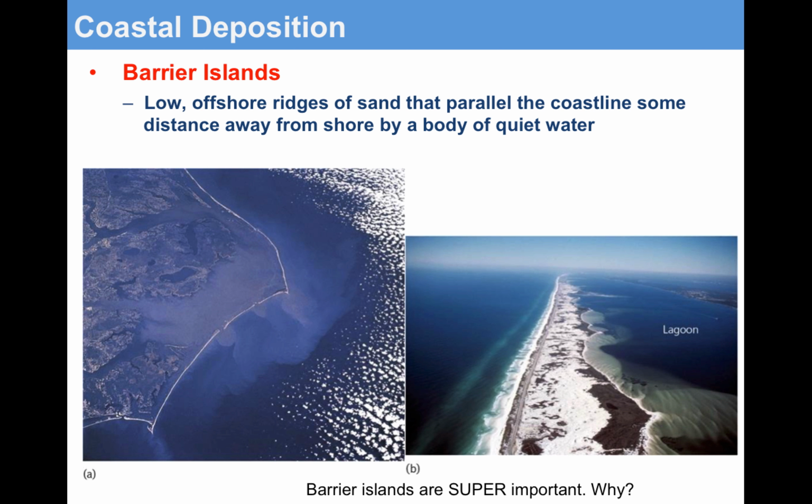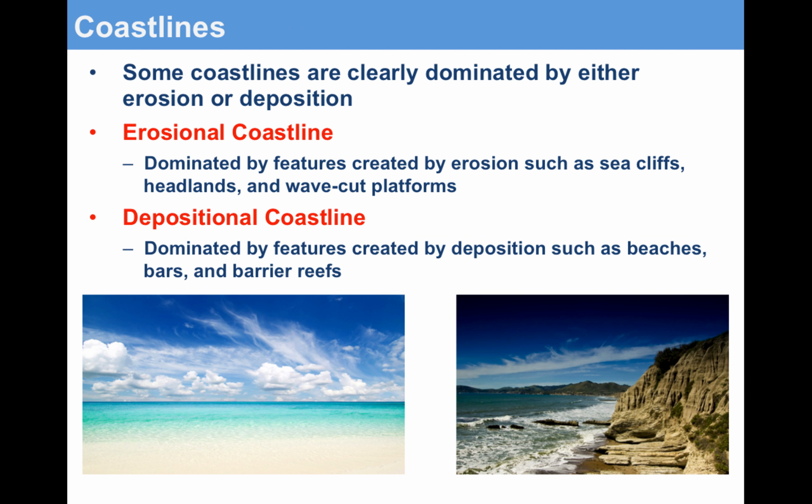They're parallel to the coastline, some distance away from the shore, all right? And there's usually a lagoon between the beach on the coast and this barrier island. All right, so some coastlines are dominated by either erosion or deposition. Erosional ones will have sea cliffs, headlands, sea arches, sea stacks, wave-cut platforms.